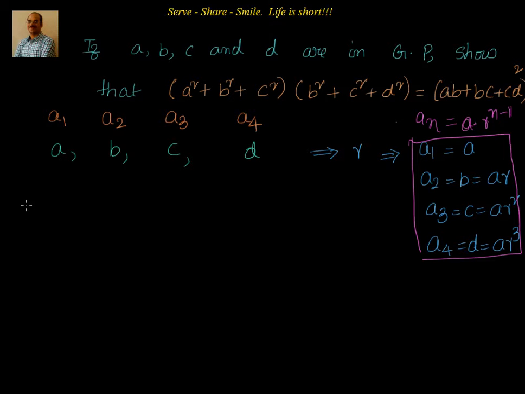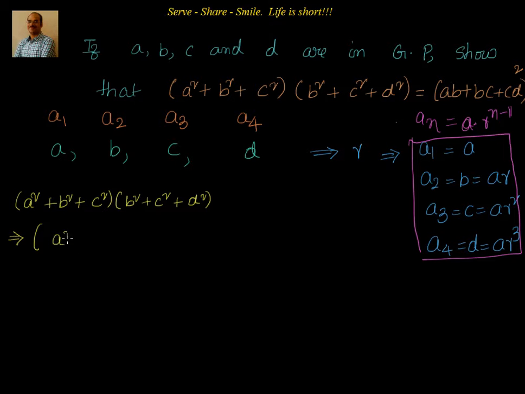Let's write down LHS, that is (a² + b² + c²), multiplied with (b² + c² + d²). Now we'll try to substitute whatever values we got for b, c, d in terms of a and r.